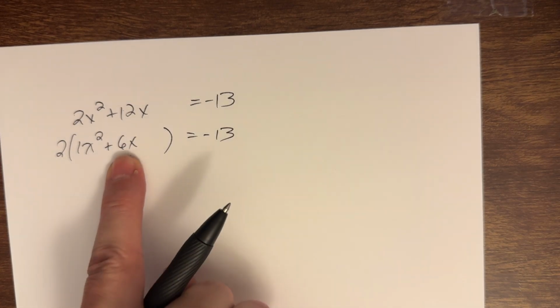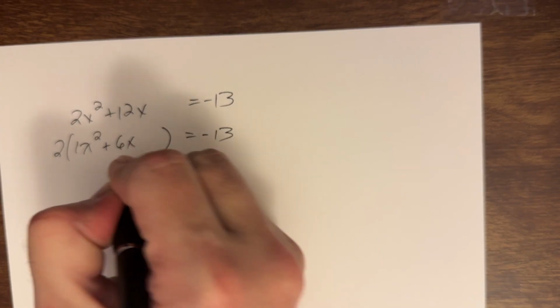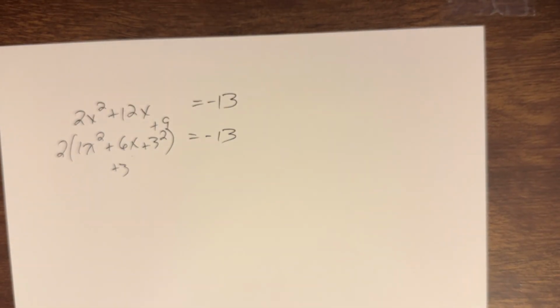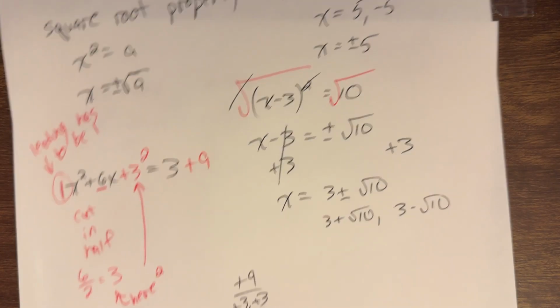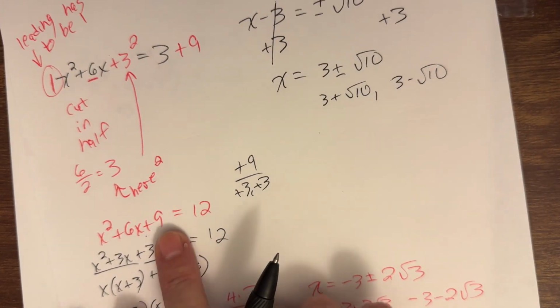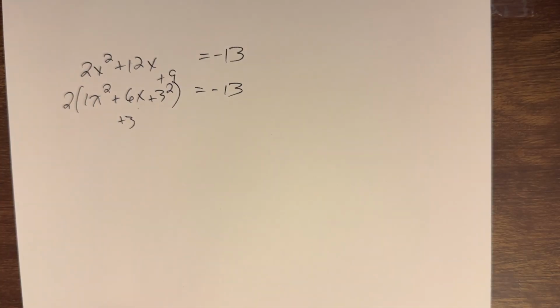Because now I'm going to go through that same process. I'm going to go to that middle term, cut it in half, I get a plus 3, square it, plus 3 squared is really a plus 9. But this time, the big difference: there, I added the 9 on this side, added the 9 on that side, kept everything balanced.